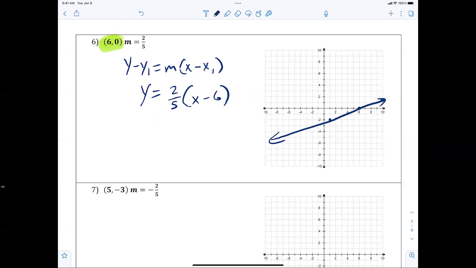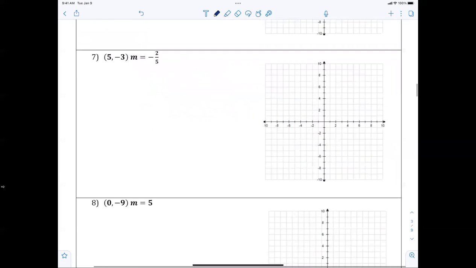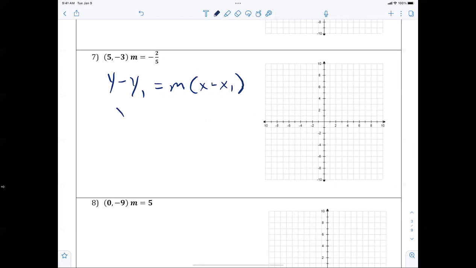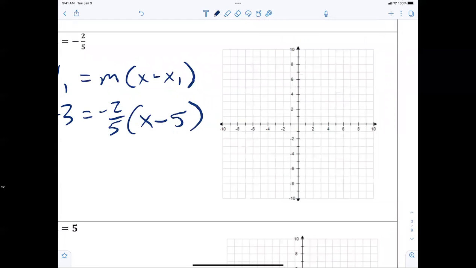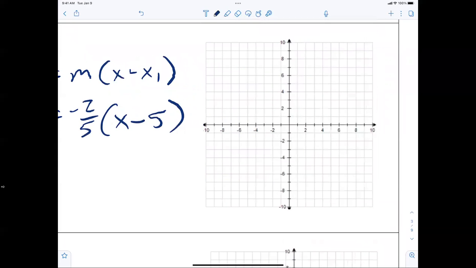Sophia, you're up. Tell me about 7. Write the equation for me. Perfect. y plus 3 equals -2/5. And then in parentheses, x minus 1. You are amazing. All right, now go. Tell me what to plot. Then we have y and then -3.